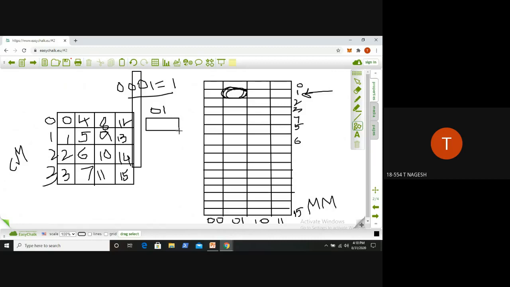So each cache line will have a tag associated with it, right? So here again 4 tags will be there, right?